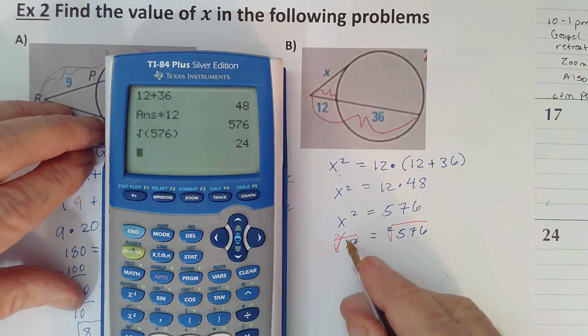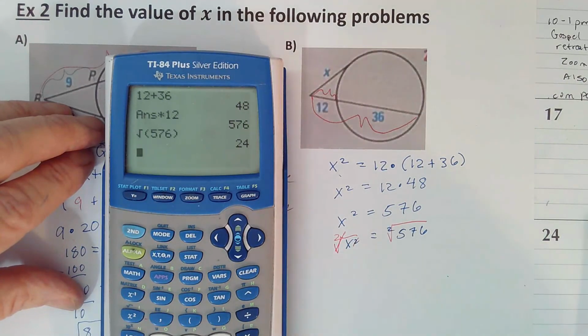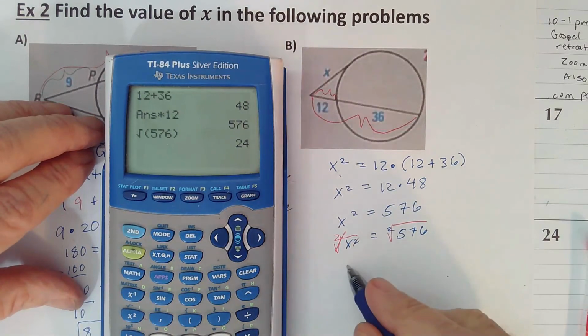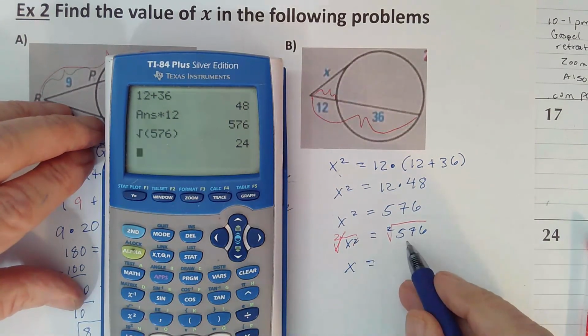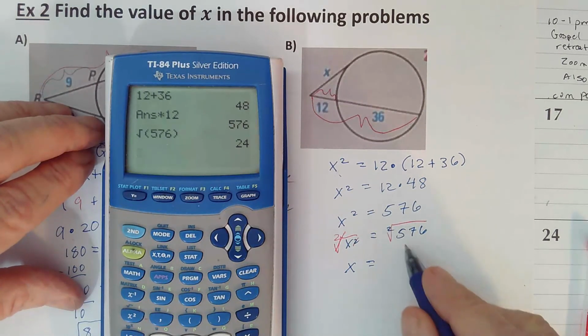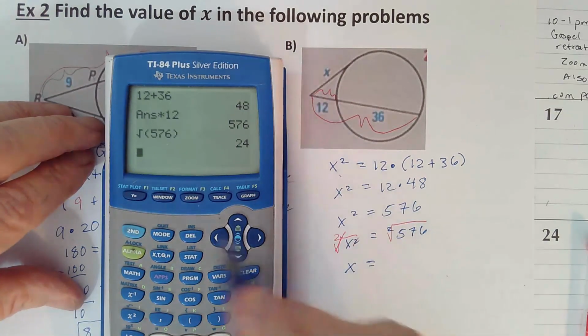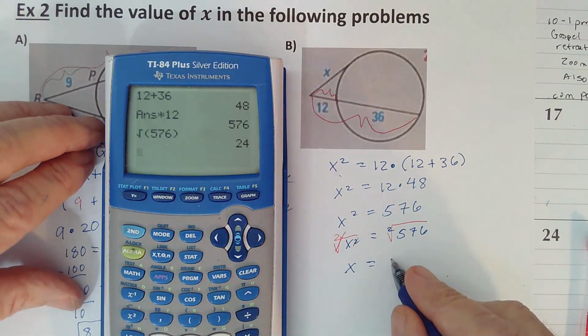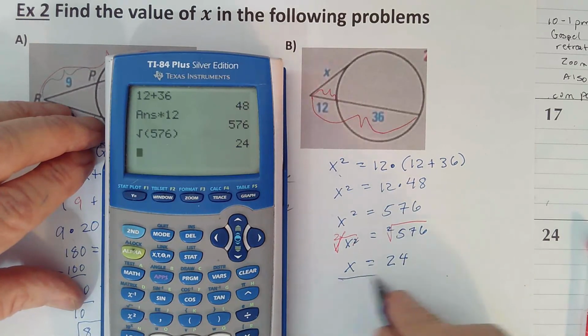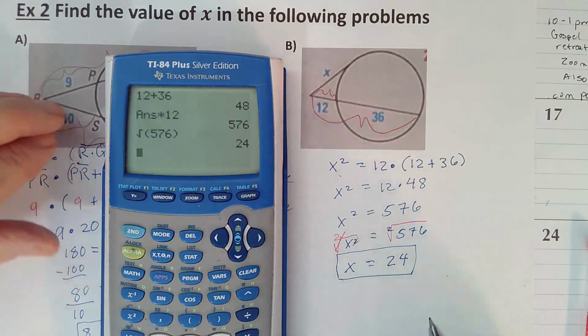And so the root is always whatever was under the radical sign over here. So this would be x. Now over here, we were actually able to take the number and find out that, since this isn't set up as squared under here, we use the square root and we just found out that it's 24. X equals 24. So use your calculator for these kinds of things.